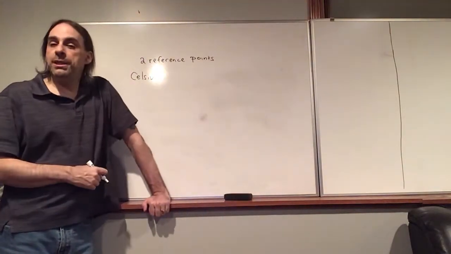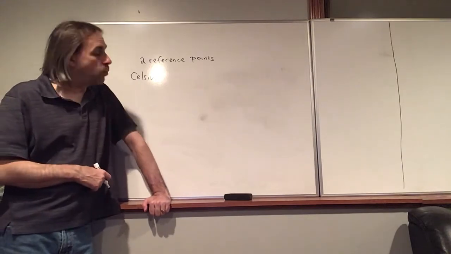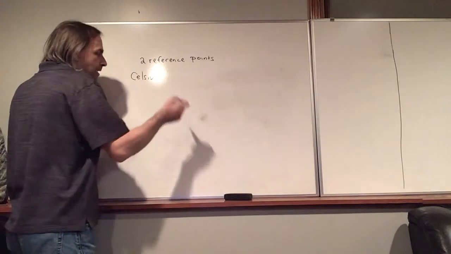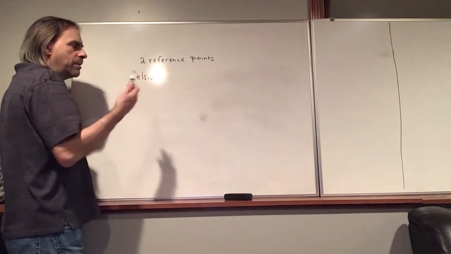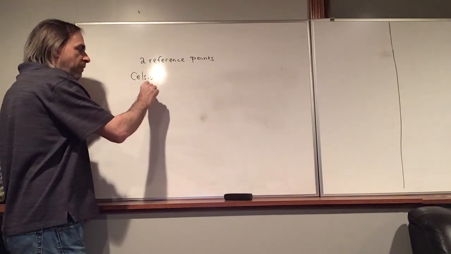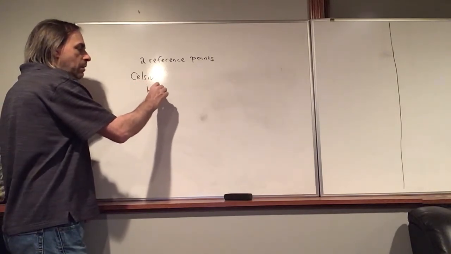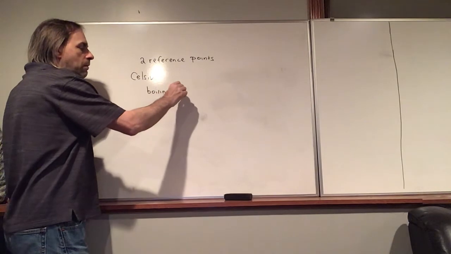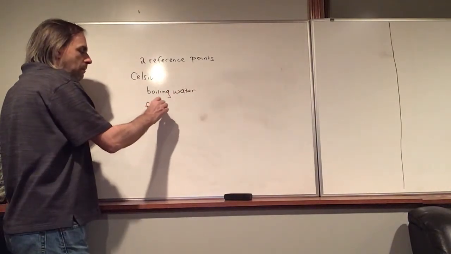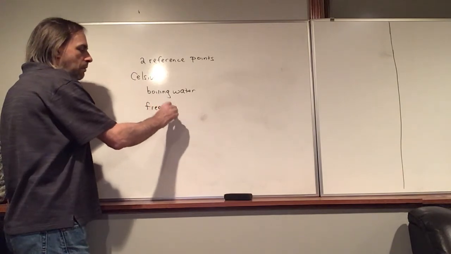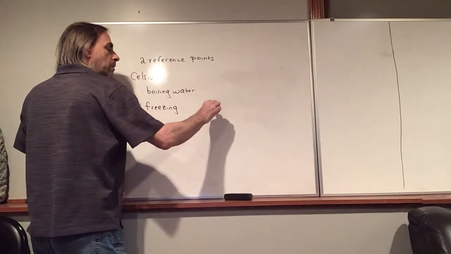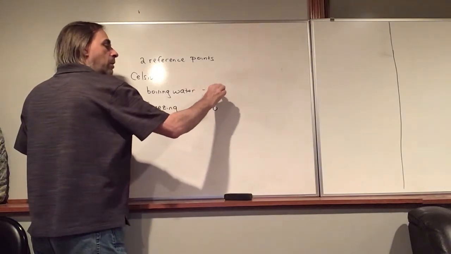Okay, now Celsius has 2 reference points as well. And one thing that's nice about Celsius, it has somewhat logical reference points. Let's just use water. And we can look at the boiling and the freezing points of water. And so let's arbitrarily assign these values 0 and 100.